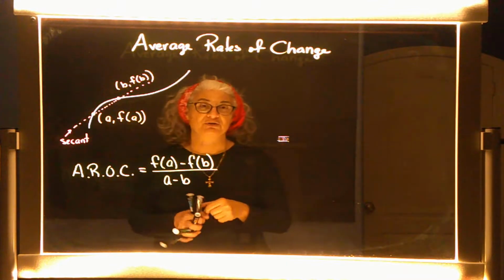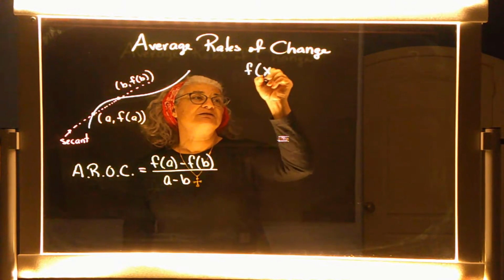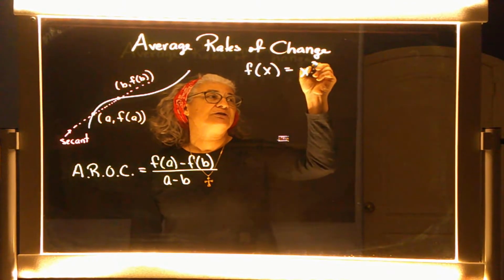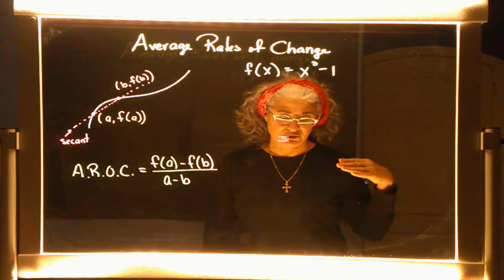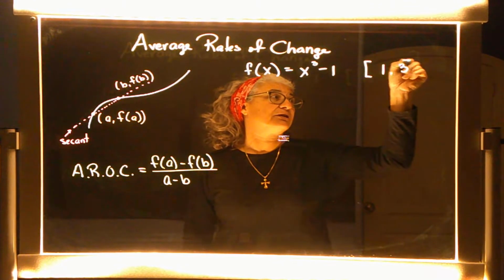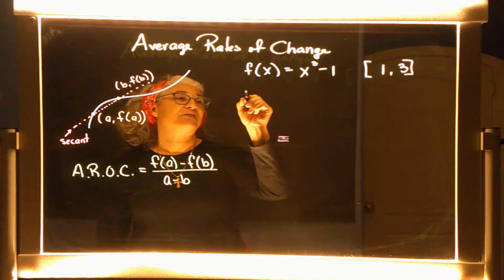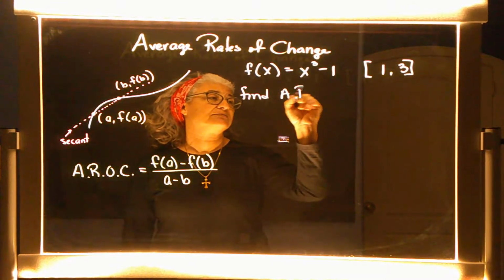Okay, so let's look at an example. Let's say I have this function, x to the third minus 1. And the interval I am going to work off of is the interval from 1 to 3. And I would like to find the average rate of change.